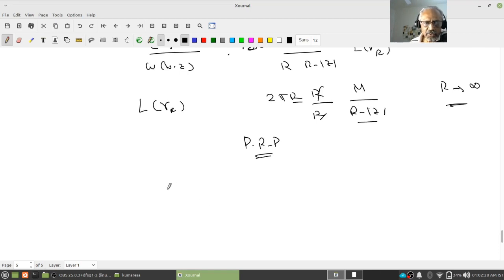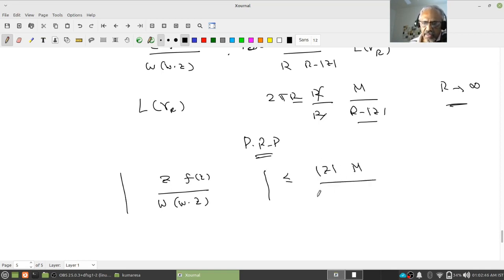So what I will do is I will say f of z by w into w minus z is less than or equal to mod z into m, by r into r minus mod z.